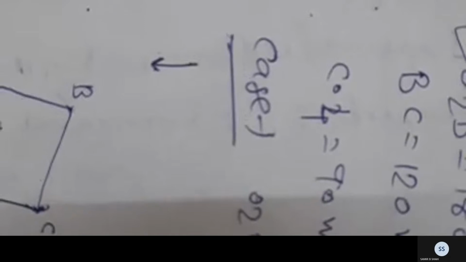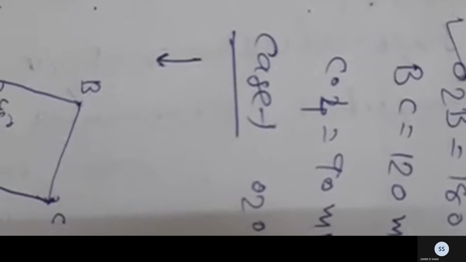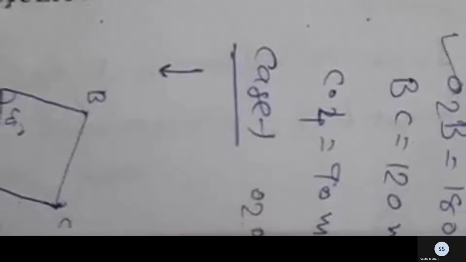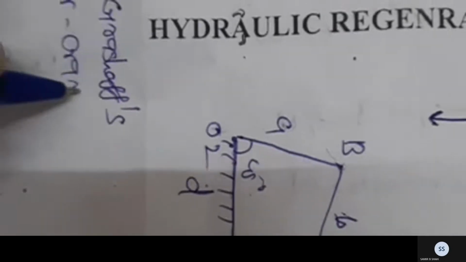Already we defined initially that O2B plus BC is equal to 180 plus 120, which means 300 mm. I repeat, this is considered as A, B, C. As we know, it may be a lever crank mechanism.